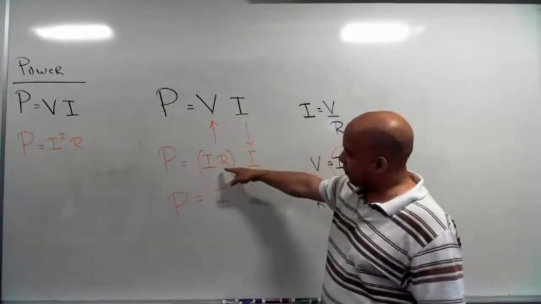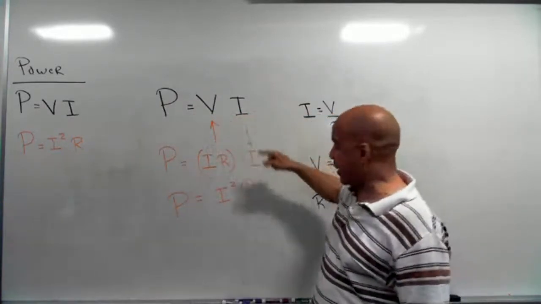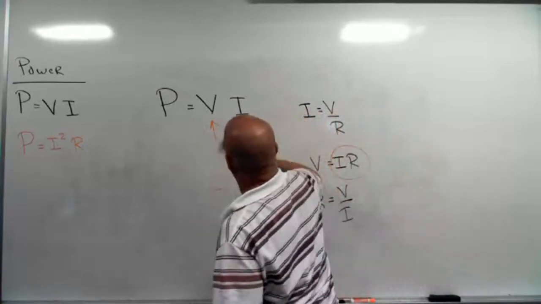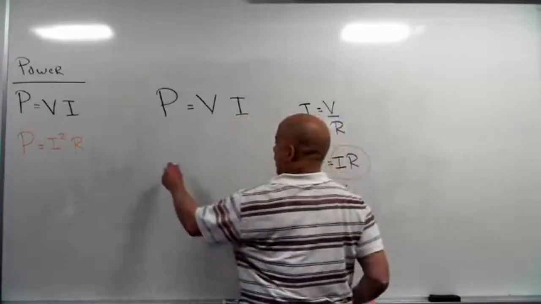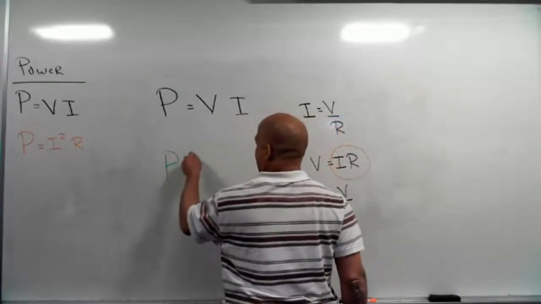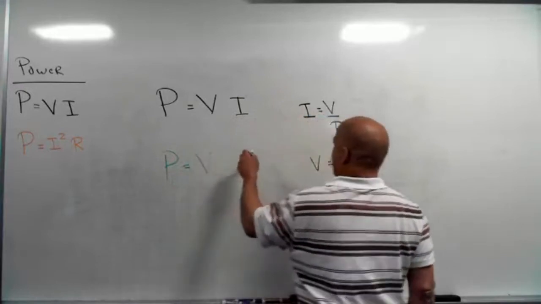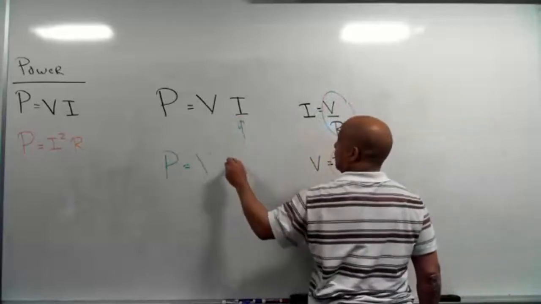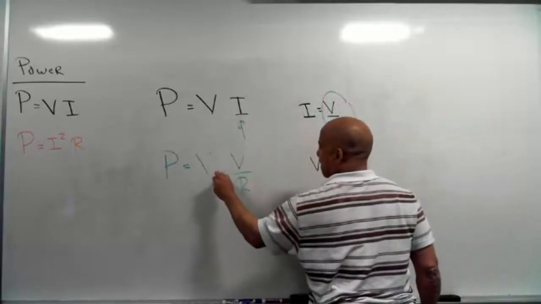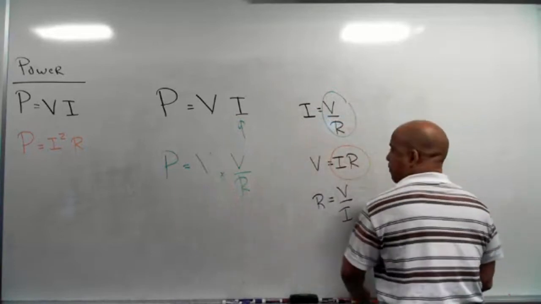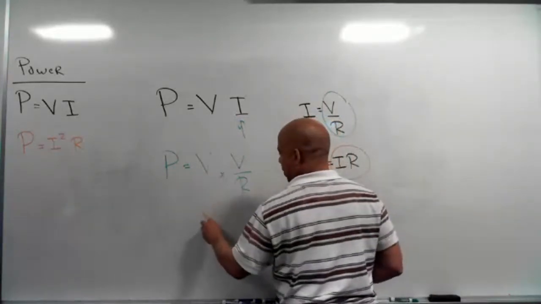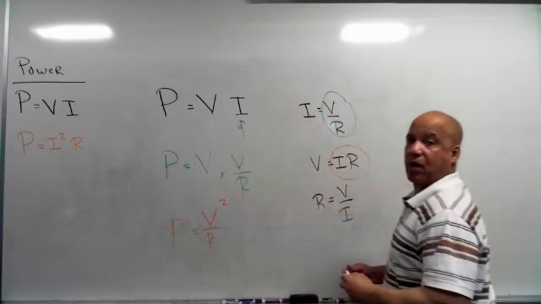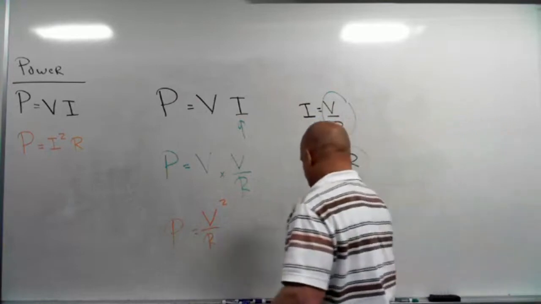Or maybe instead of substituting for V, what about substituting for I? What would that give me? Well, let's figure it out. I get P equals V times I, but I is equal to V over R. So for I I want to substitute V over R. And now when I multiply this out, I get V times V, which is V squared over R. I get P equals V squared over R. So there's another way to write it.